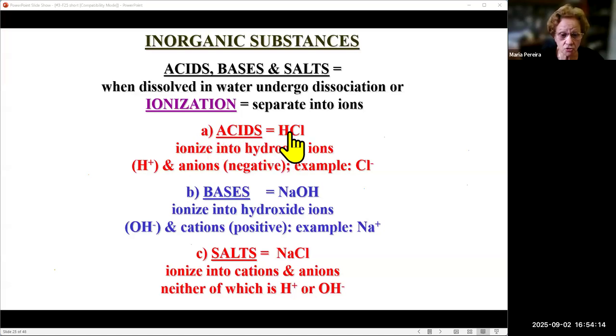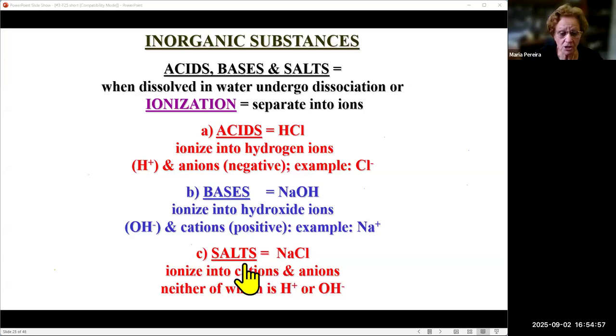So acids usually contain hydrogen ions as the positive ion, and then all types of negatively charged ions. Now, bases, the negatively charged ion is hydroxide. So positively charged hydrogen in an acid, hydroxide negatively charged in the base. And then the cation can be all kinds. For example, sodium hydroxide.